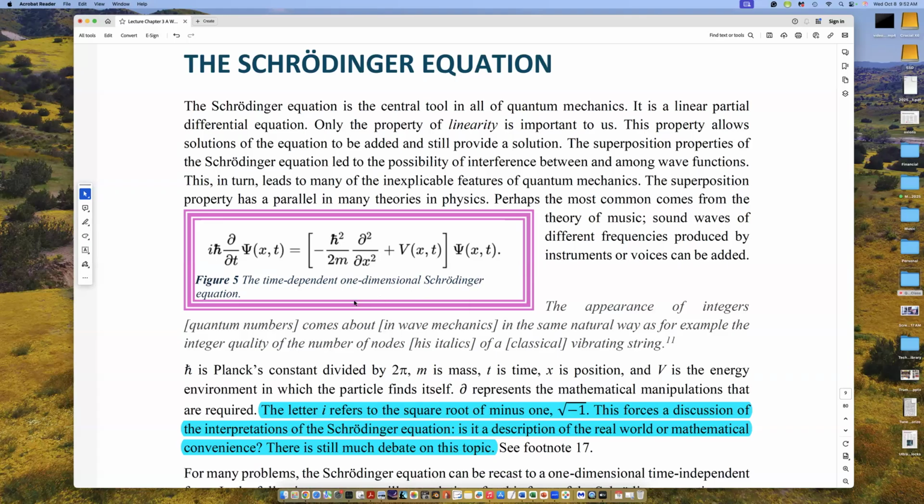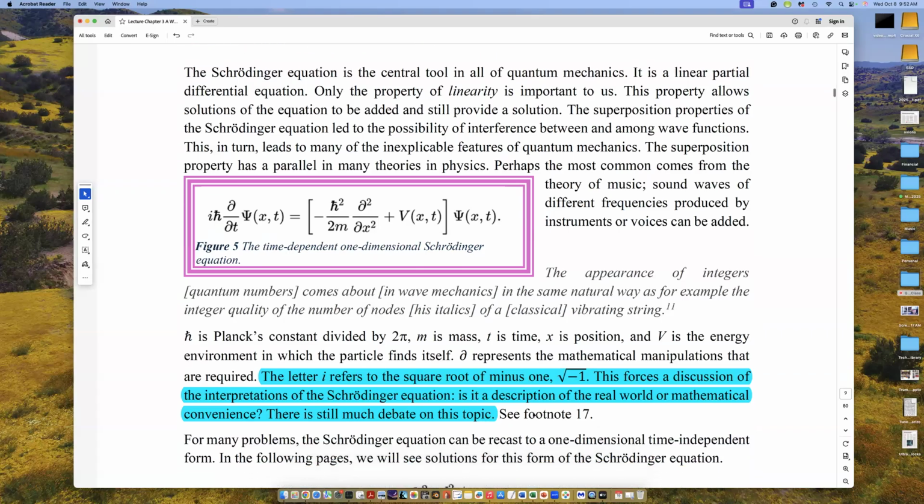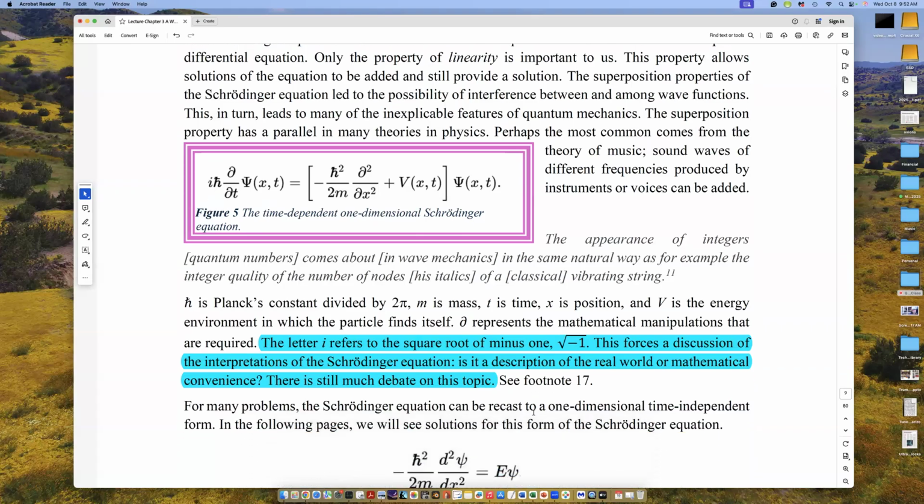The interesting thing is that right here, there's an i. And that i is something you might have seen in math in high school or college. It's the square root of -1. Yes, square root of -1, which you'll never see in your checkbook. You'll never see the square root of -1 in what I would call the math of everyday life.